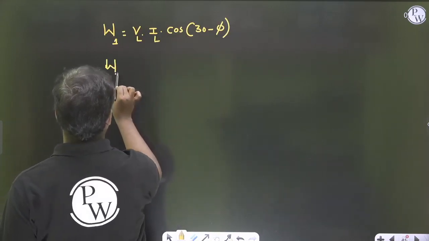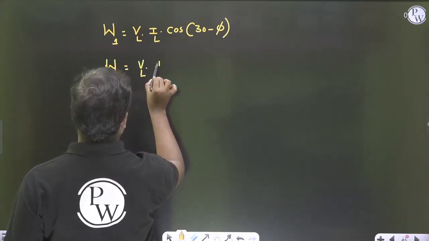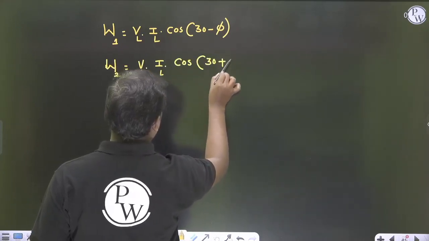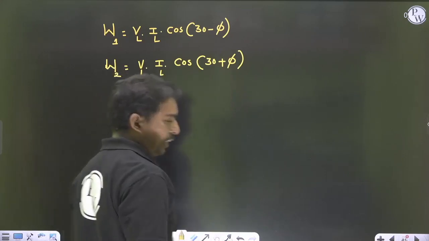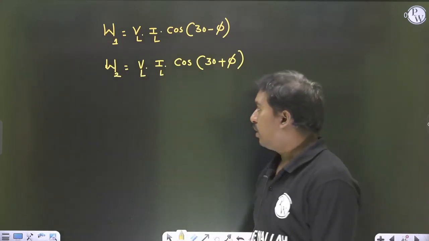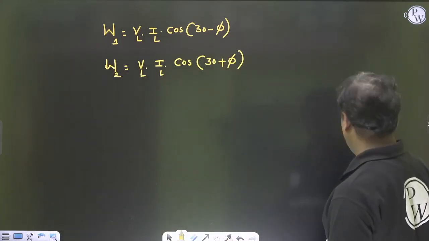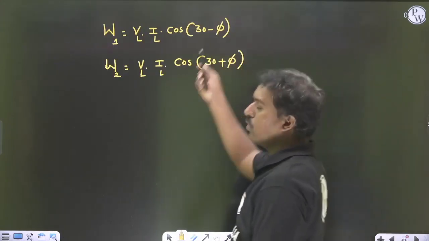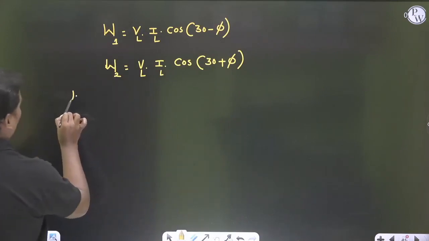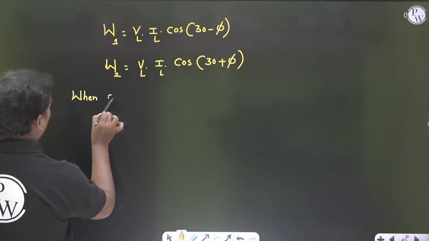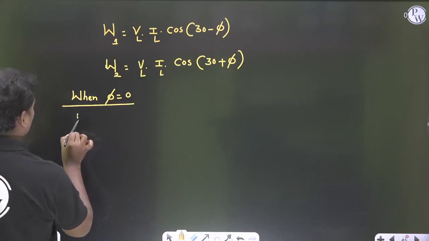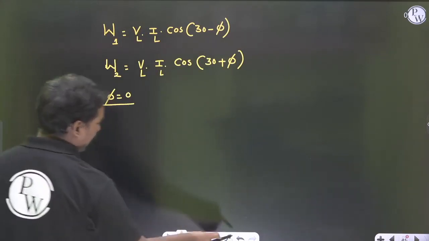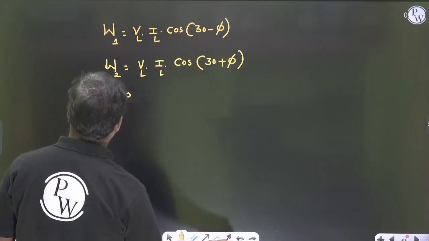W2 is equal to VL IL cos of (30 plus phi). So now what is the question? W1 is equal to W2, then how to answer? W1 is equal to W2 is possible when phi is equal to 0 directly. When phi is equal to 0, automatically W1 will be equal to W2.